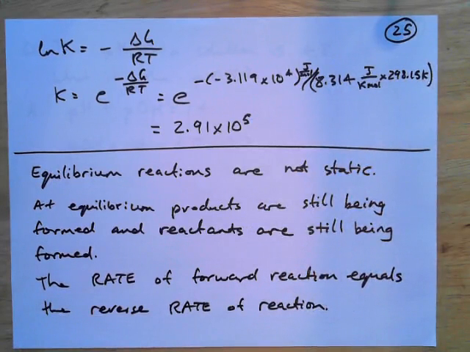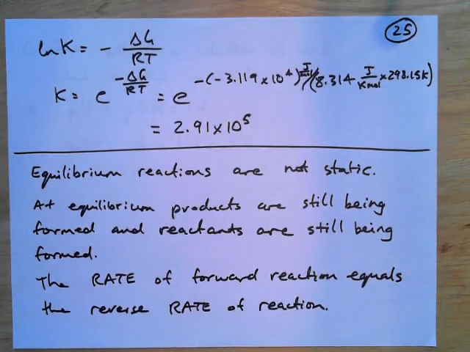Okay, so another thing to consider with equilibrium reactions is that they're not static. At equilibrium, products are still being formed and reactants are still being formed. So even though the equilibrium looks like it's stationary, what's really happening is products are still getting formed and reactants are still getting formed, but the rate of their formation is equal.